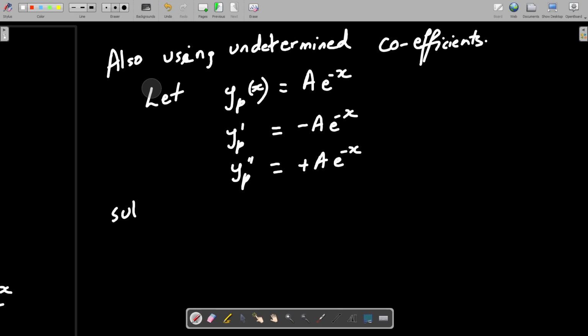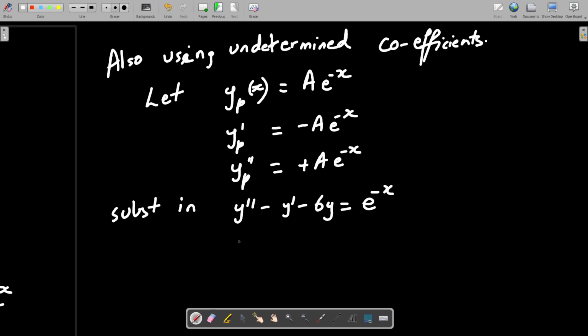So substitute in y double prime minus y prime minus 6y is equal to e raised to minus x only.